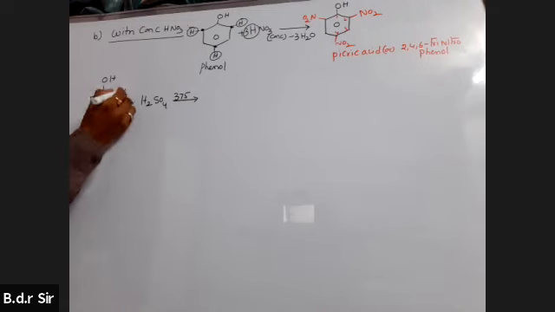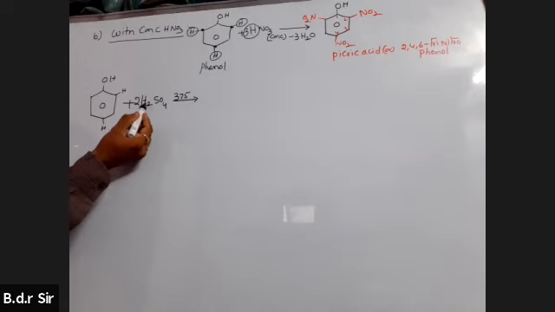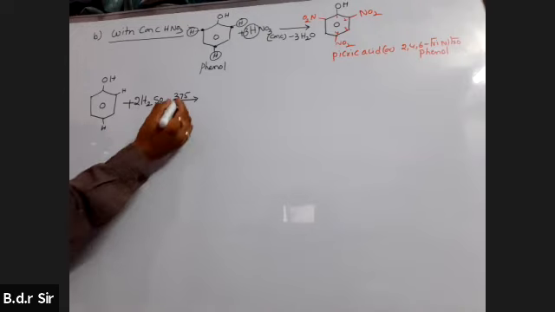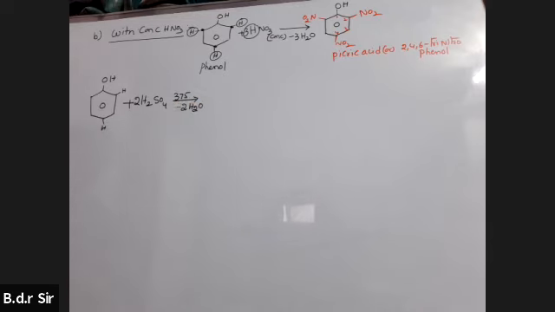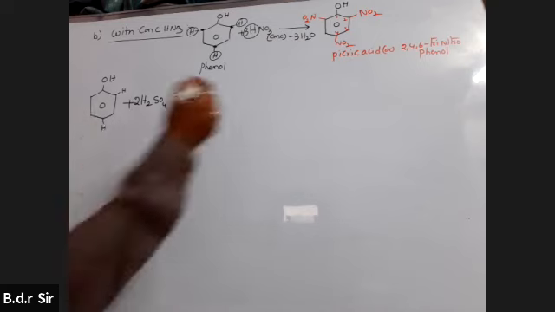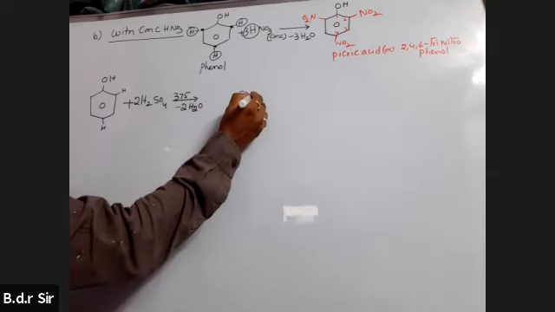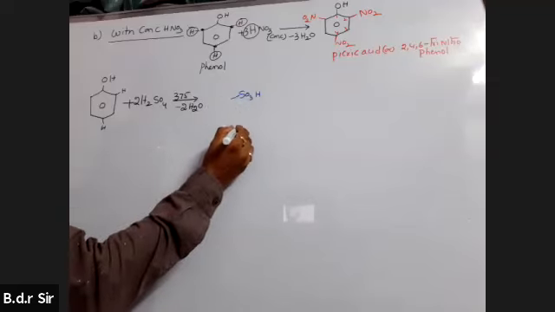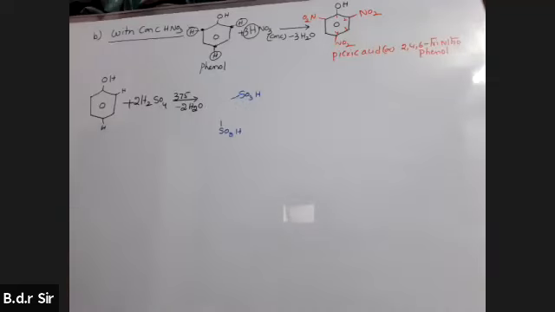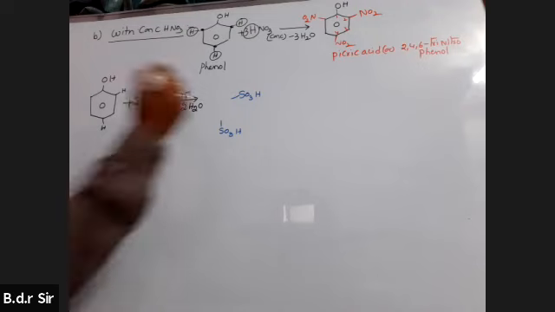Here hydrogen, here also hydrogen, react with 2 hydrogen and 2 oxygen, giving rise to removal of 2 moles of water. What is the product? A sulfonic acid group bonded to phenol.